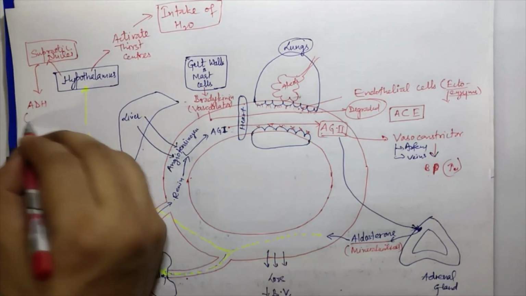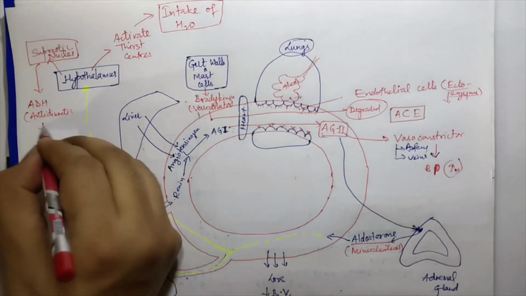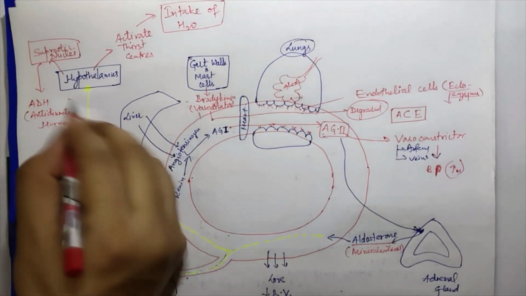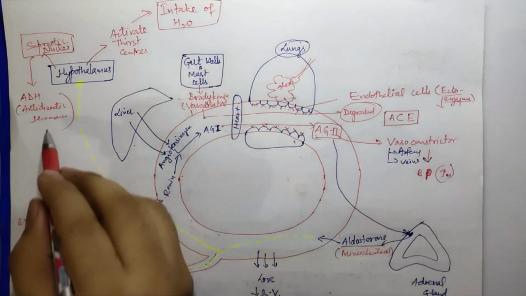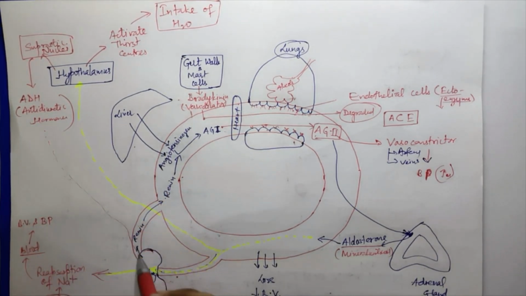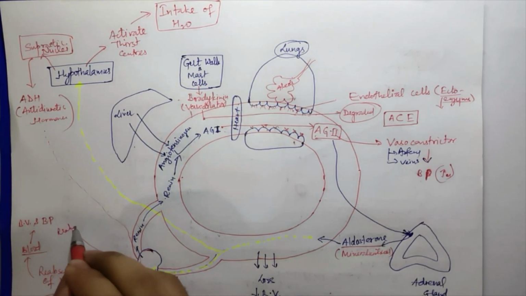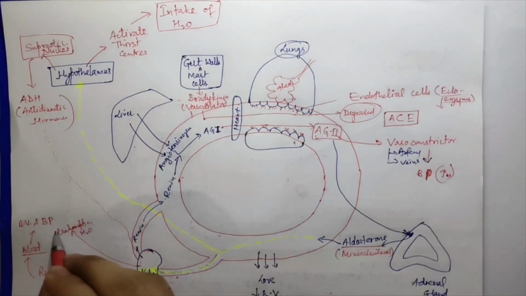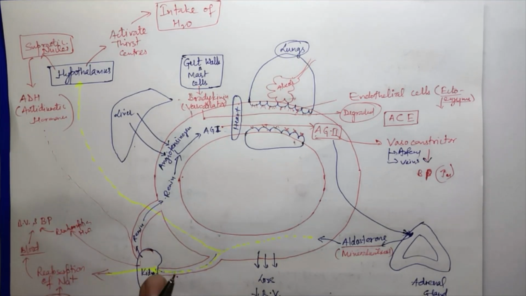It is also called antidiuretic hormone. And this ADH hormone helps in reabsorption of water, and ultimately blood volume and blood pressure are increased, and it has a role on the kidneys.